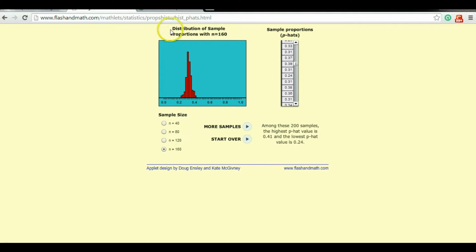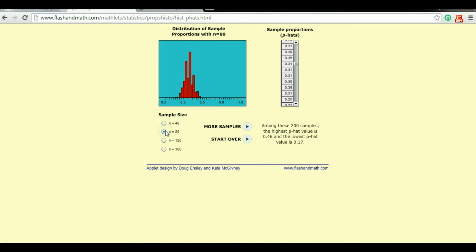Now that doesn't mean that it's a better sample. It just means you're going to have less variation. Notice that even though I sample at 40 or 80 or 120 or 160, they're all pretty much centered in the same spot. Okay, the mean is going to be a pretty good approximation of what that true proportion is.